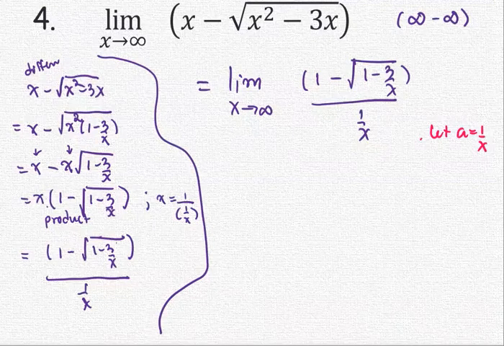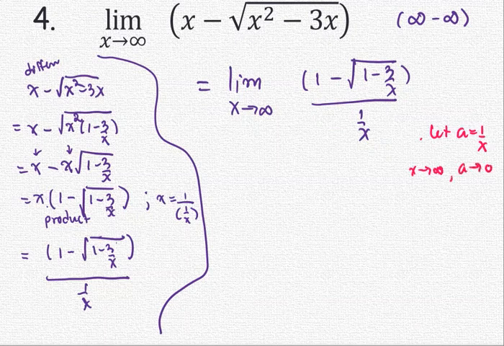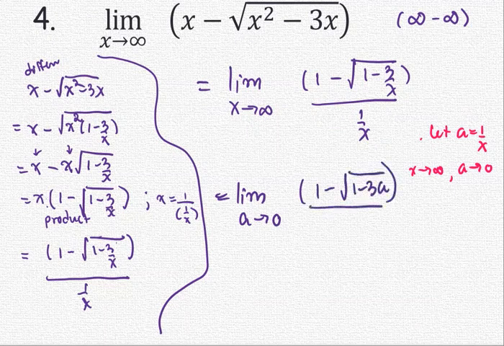As x approaches infinity, a approaches 0. So we are rearranging the expression in x to be the expression in a. Now the limit becomes, as a approaches 0, 1 minus square root of 1 minus 3a divided by a.